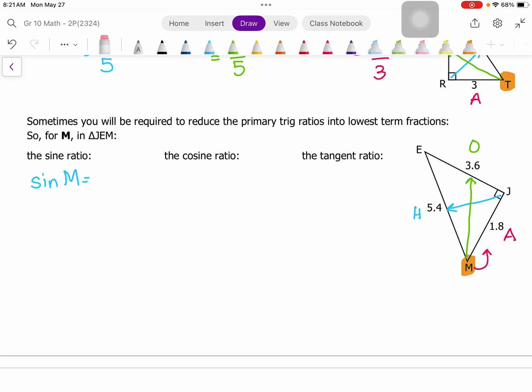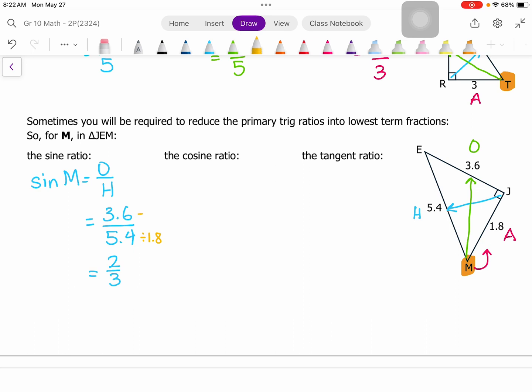Just remember that we do opposite over hypotenuse, so 3.6 over 5.4. Both of these can be divided by 1.8, and if I divide by those numbers, I end up with 2 over 3 as my lowest terms ratio.